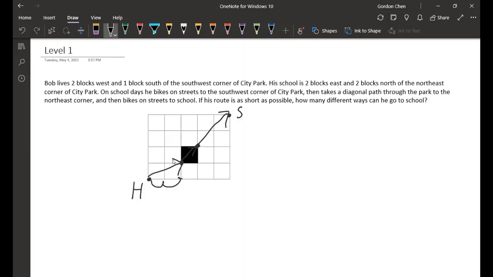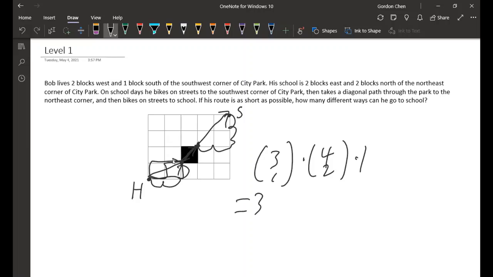This part has three choose one ways of happening. He has three choose one different ways of moving through here. And for this one, similarly, he has 4 choose 2, and there's only one way for here. So this is 3 times 6 equals 18.